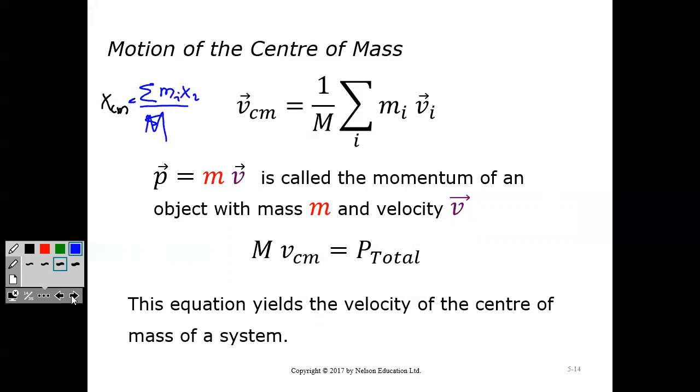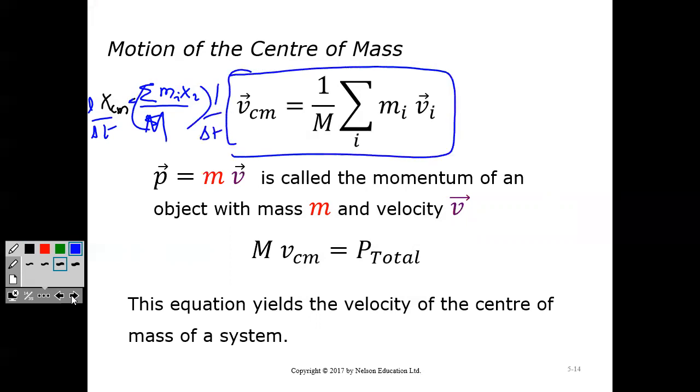If I divide both sides by the time, delta x over delta t, and this side is also time, but I'm not really proving anything, we get the expression for the center of mass velocity from the center of mass position like this. So instead of the x center of mass, we have the v center of mass. So instead of the position, we have the velocity of each mass.